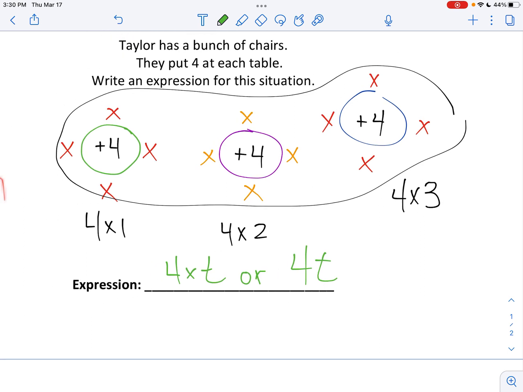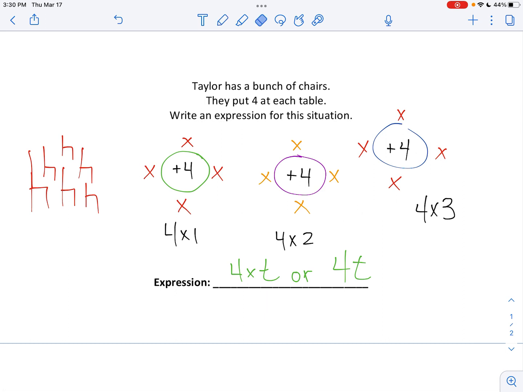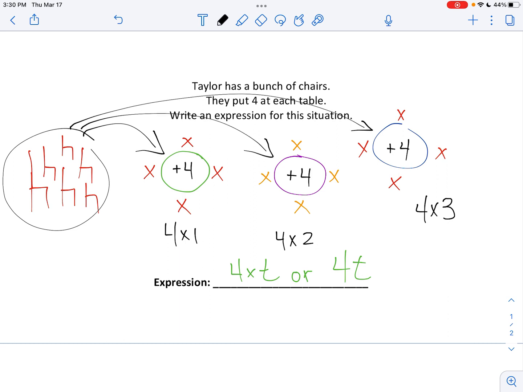But the way that I'd really been thinking about this problem was that Taylor has a bunch of chairs. She's starting with the chairs. And then she's moving them to tables. So from this original one, she's putting 4 here. She's putting 4 here. She's putting 4 here. She's splitting up the chairs, right?